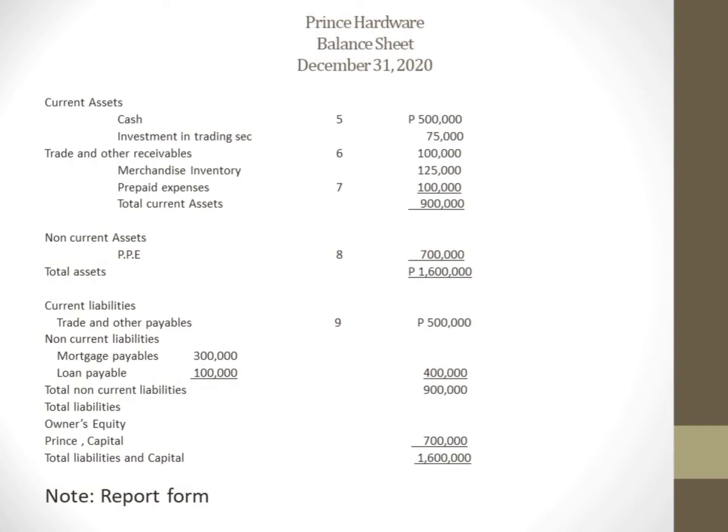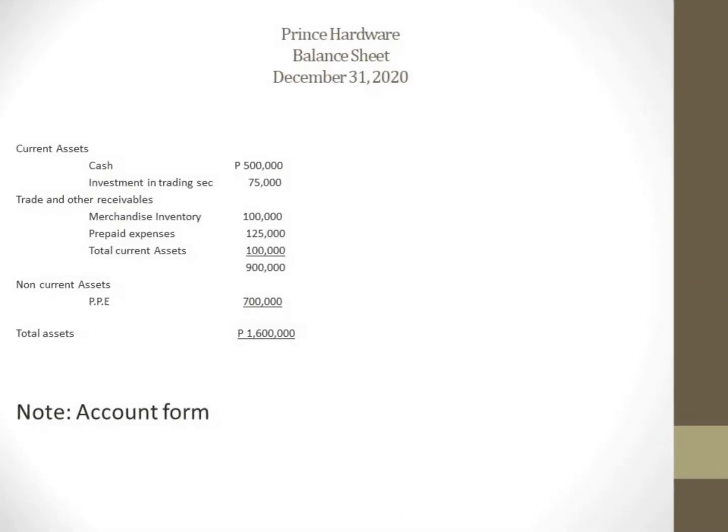So please familiarize current assets, non-current assets, and the total of the assets should be equal to the liabilities and capital equity. The total of the liabilities and capital is 1,600,000 pesos. This is how to present your balance sheet under account form.